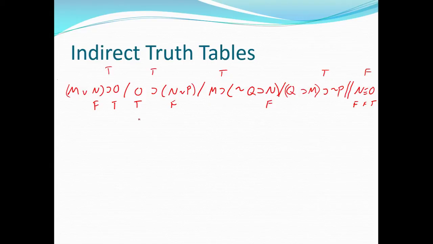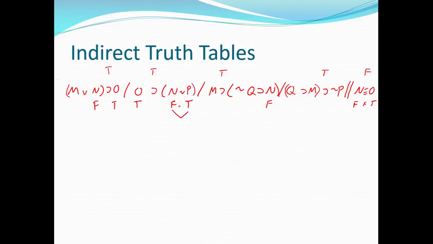Okay, starting with the second premise, we have to work on it right away, I think, because you have a true antecedent, and in order for that whole statement to be true, you have to have your consequent be true as well. The left side of your wedge is false already, so in order to make this wedge true, you've got to make P true.